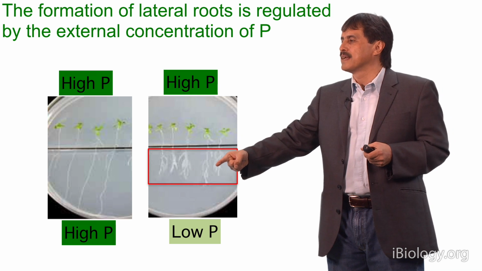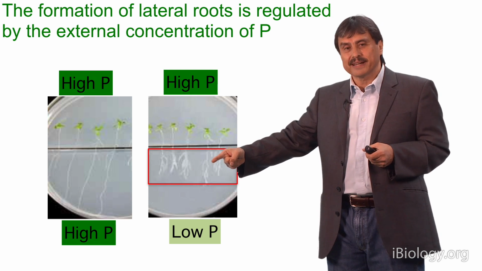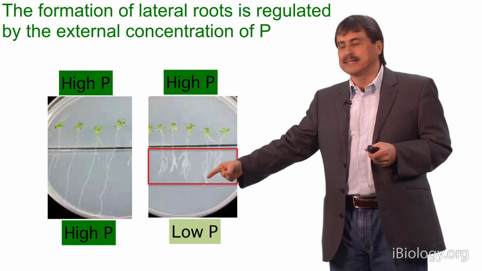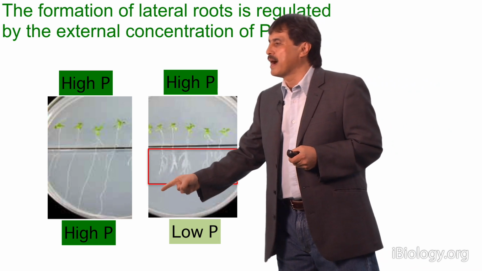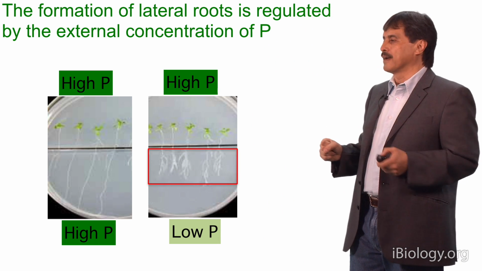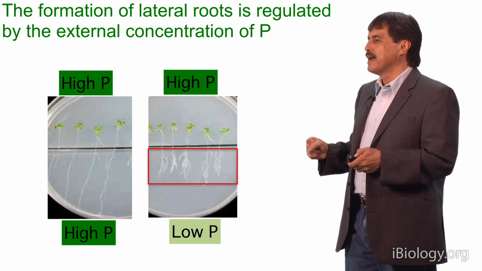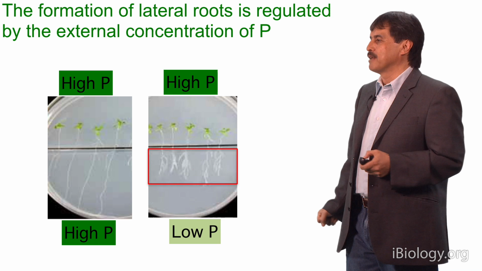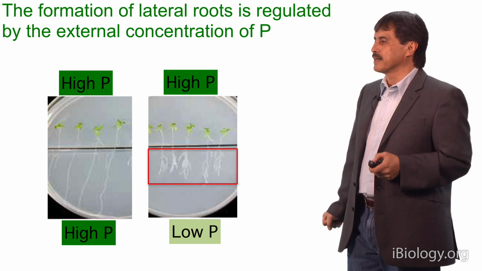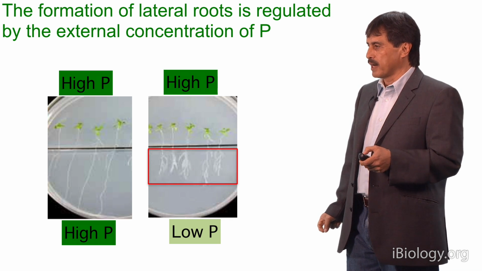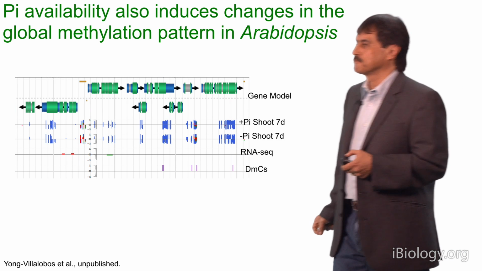The change in root architecture is triggered, suggesting that these changes are regulated by local signals and not systemic signals. And these mutants will probably help us to identify the signaling components for this local sensing mechanism.